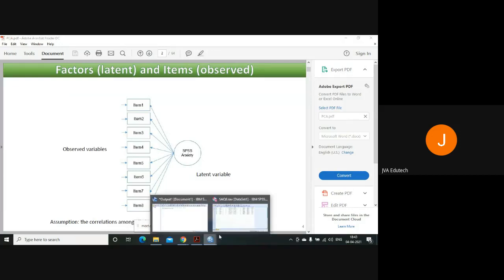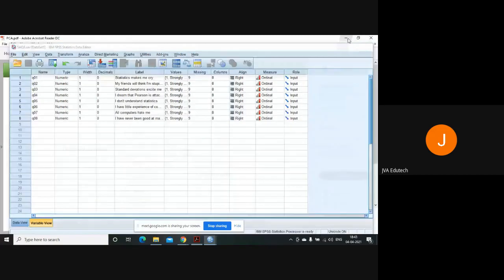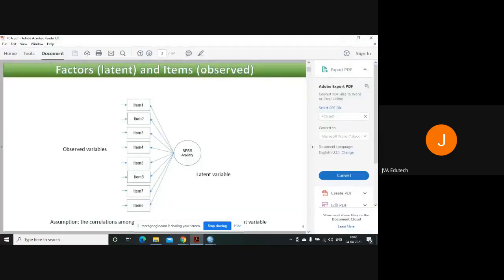This is a case of common variance. There is no unique variance. All are telling anxiety towards SPSS. Then in that case, we can go for principal component analysis.